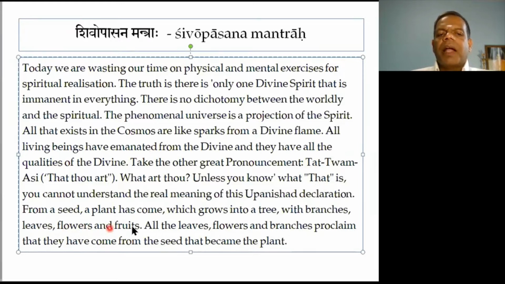From a seed, a plant has come, which grows into a tree. It has branches, leaves, flowers, and fruits. All the leaves, flowers, and branches proclaim that they have come from the seed that became the plant.